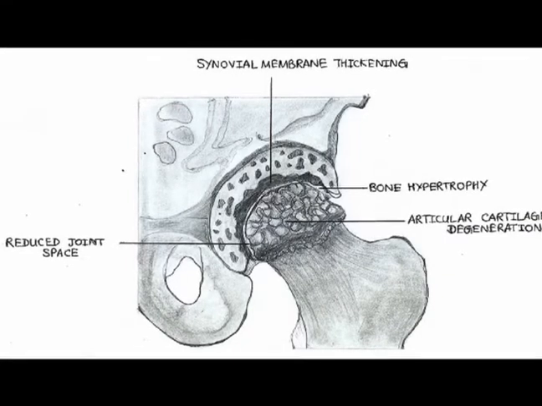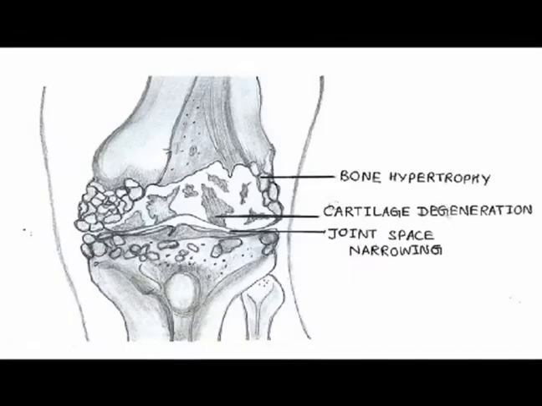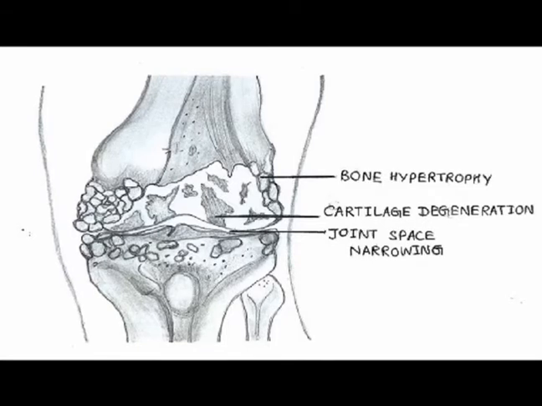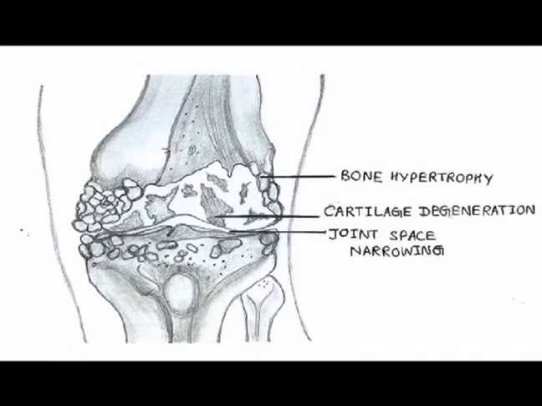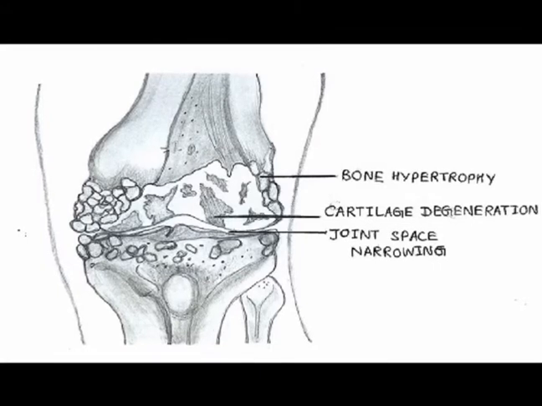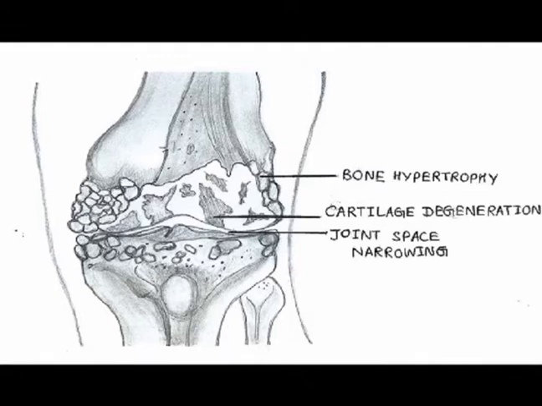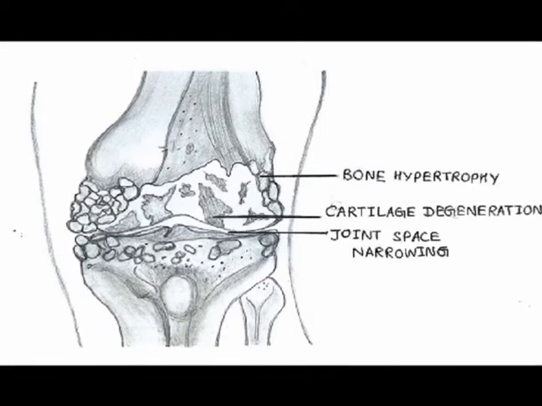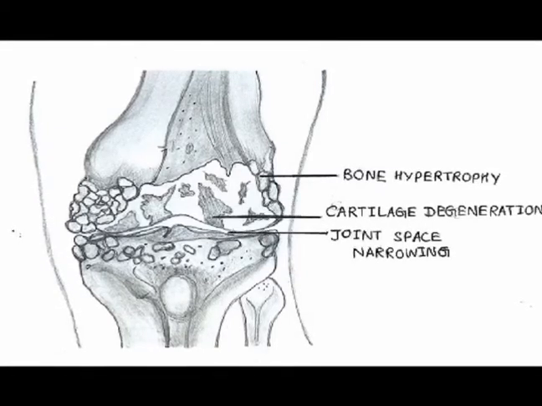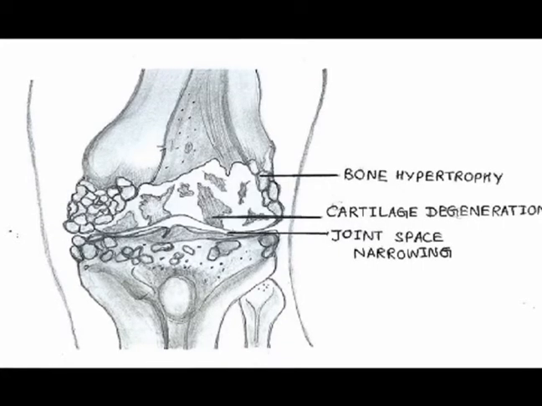It's called bone hypertrophy, meaning that there is greater bone growth. It is nicknamed bone spurs, and it causes reduction in the joint space. Usually in the advanced stages, this destruction of joint space becomes so severe that it will cause deformity in that joint.